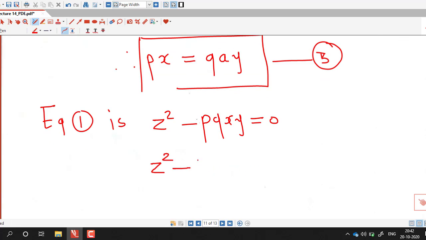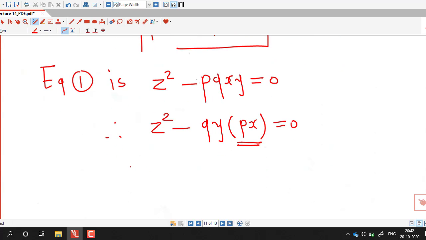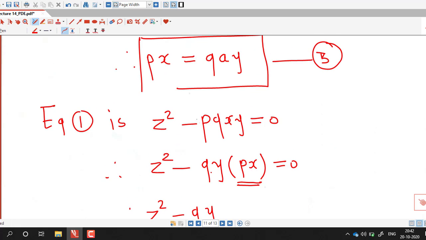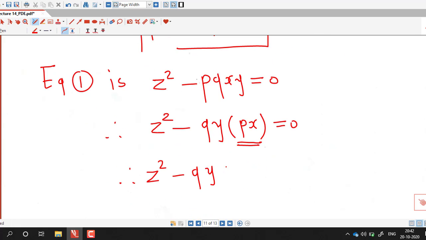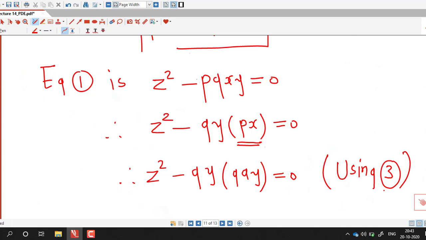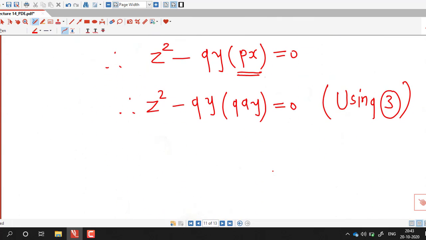This I can rewrite as z square minus qy into px equal to 0. And here we replace px by qay using 3. So therefore z square minus qy, px is multiplied by qay equal to 0. So we are using number 3 here, p into x equal to qay.